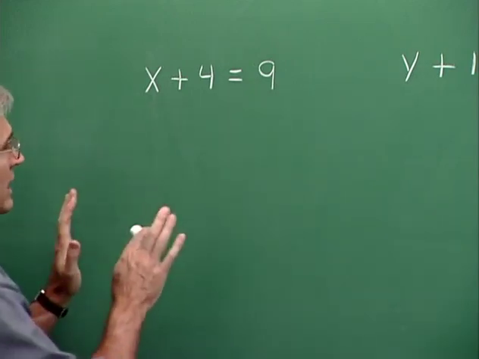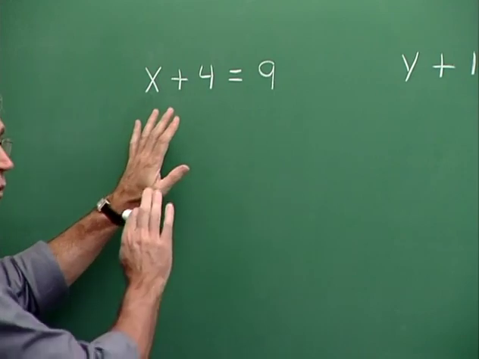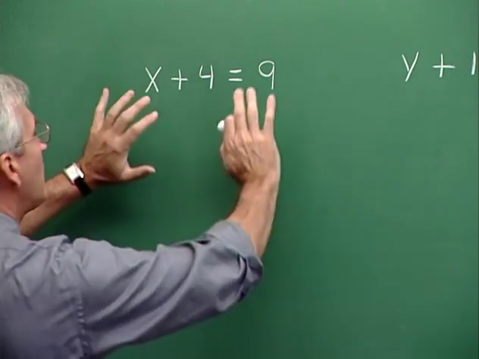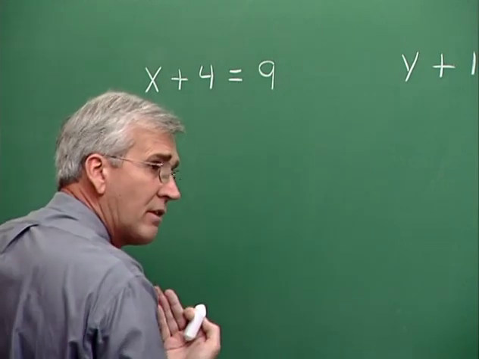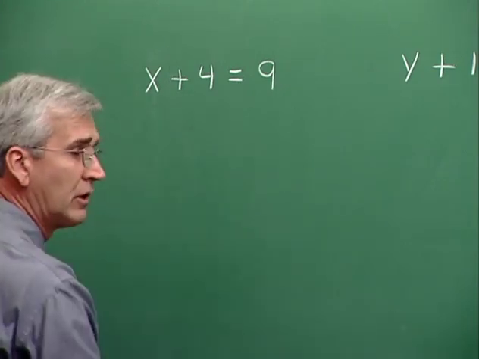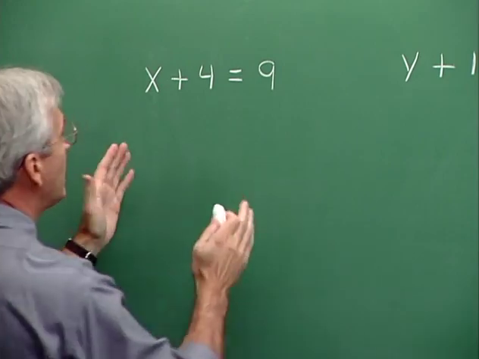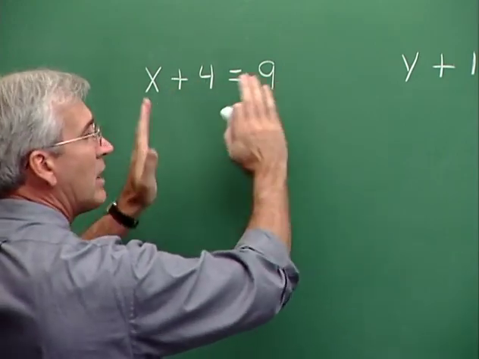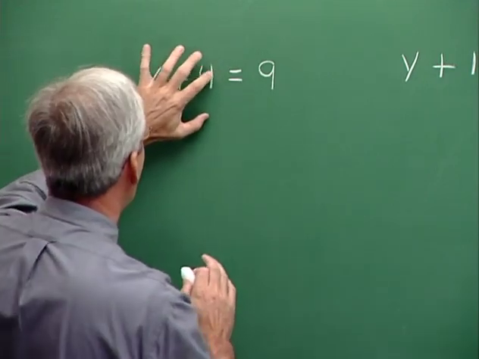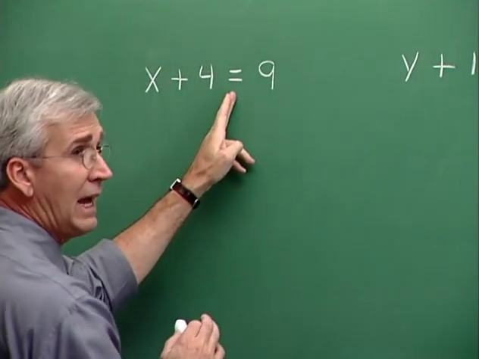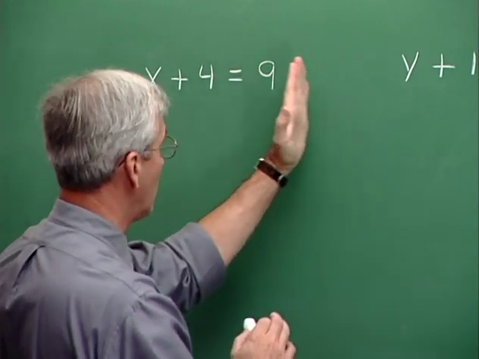Now, the technique for solving this kind of equation is one where we're going to just try to manipulate the equation to make the equation tell us the value of x that is the solution. Now, to do that, we simply think of this statement of equality as being a balanced situation. That is, the number over here has the same value as or is equal to the number over here.